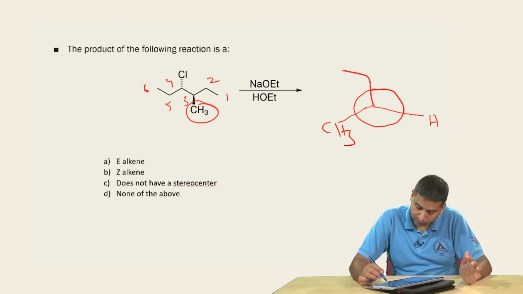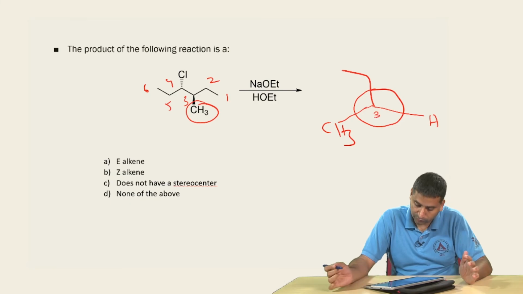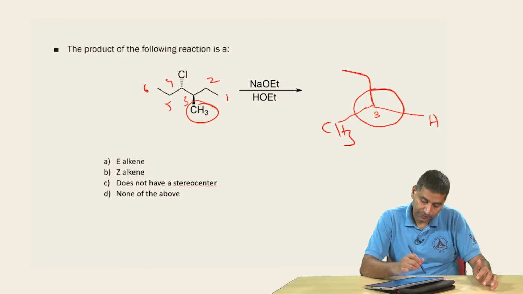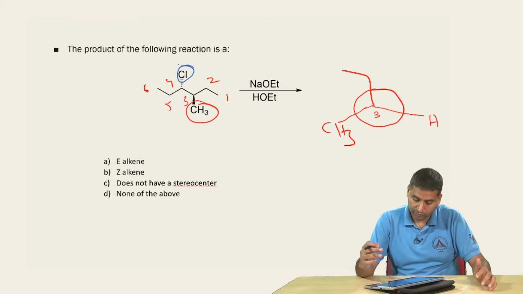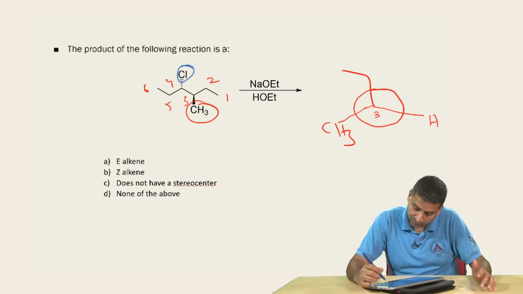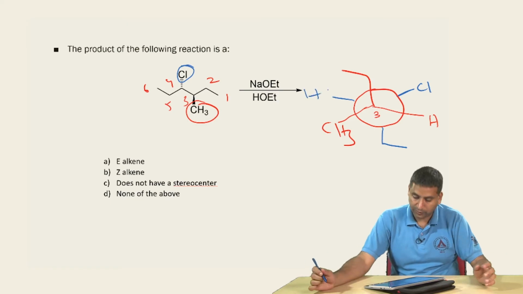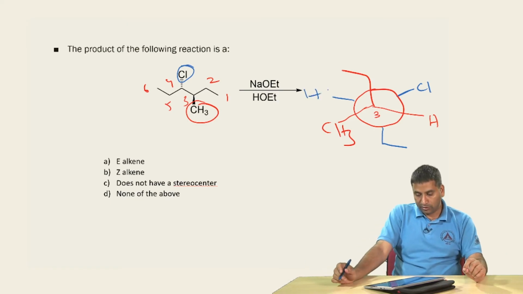So, this is what we are looking through, between carbon 3 and carbon 4, and so now carbon 4, the Cl is actually quite far away or in the opposite side of the methyl group, and so the Cl would be here, and accordingly the ethyl group that is between 5 and 6 would be over here, and then the hydrogen is going to be over here. All right. So, this is how we would draw the Newman projection like we have described.